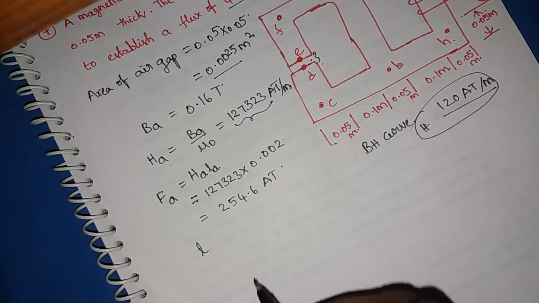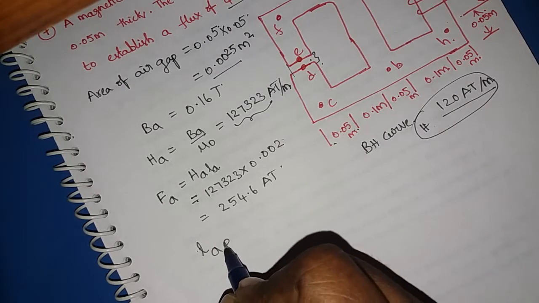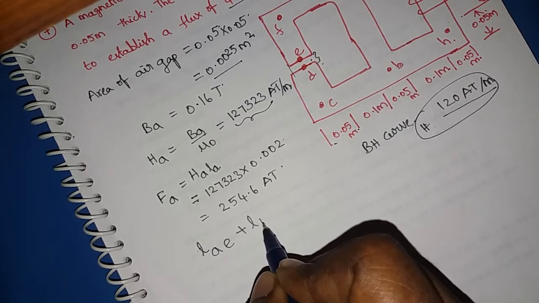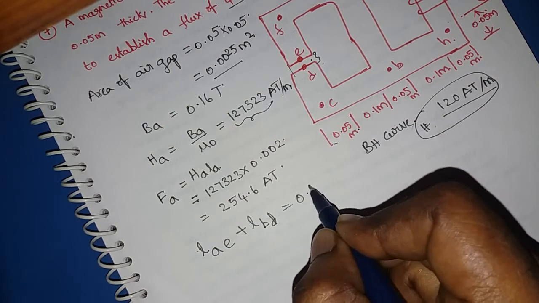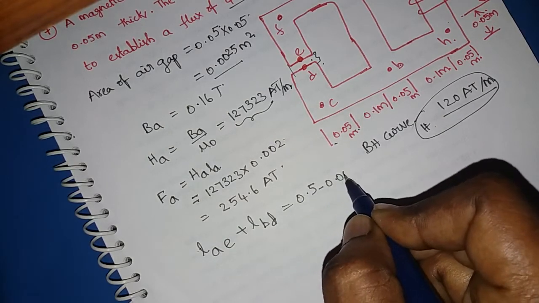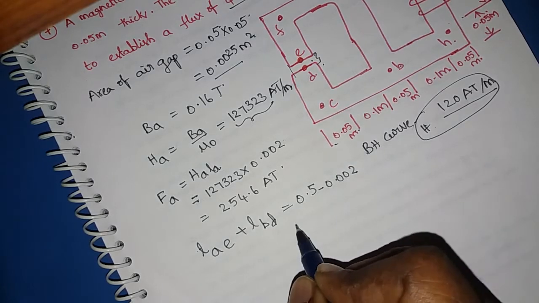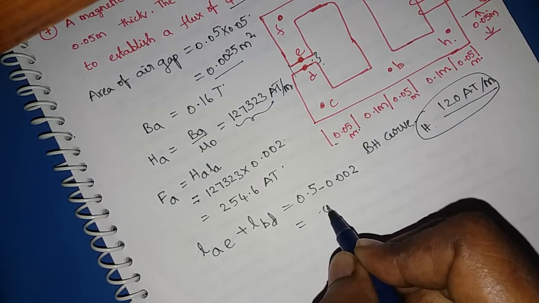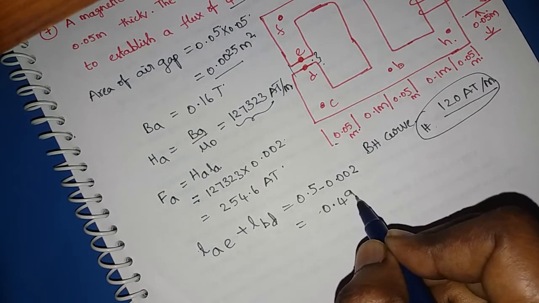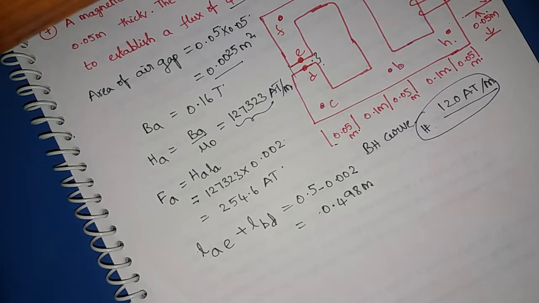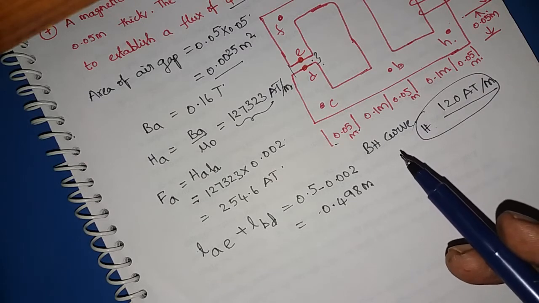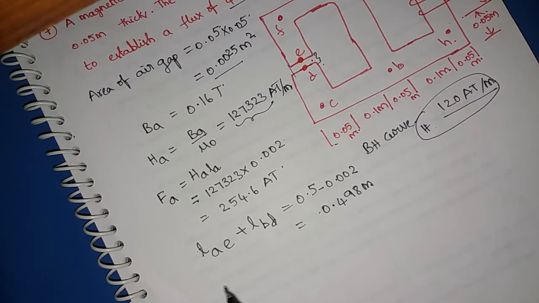Okay. Next, LAE plus LBD. This will be nearly equal to 0.5 minus 0.002, which is around 0.498 meters. Okay, 0.498 meters. So then what is the F?